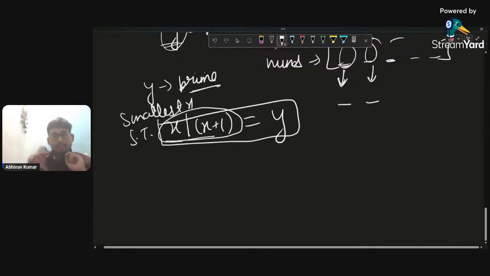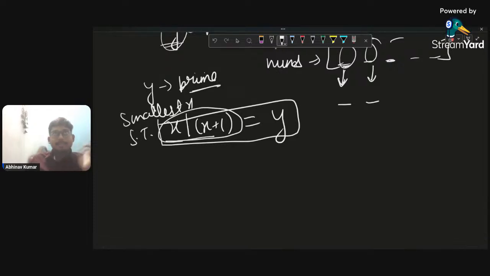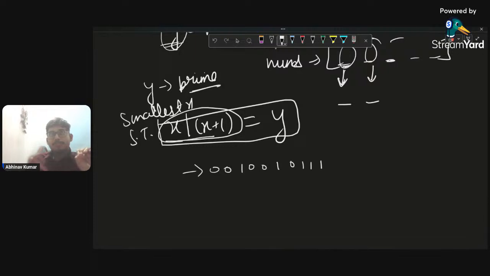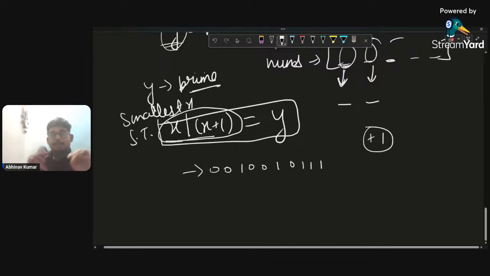So let's try to analyze this x OR (x + 1). If we write x in binary form, let's say x is something like this. What would happen when we add 1 to x in binary? We go to the least significant bit.